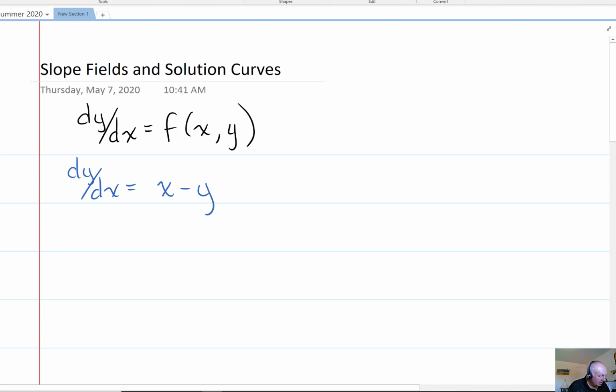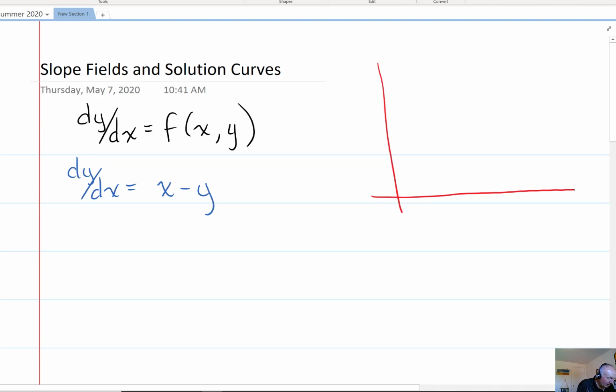The thing you need to recognize is we may not be able to find y explicitly, but we know something about its derivative. In fact, we know the values of the derivative at any given point x, y. So here's what I mean. Let me create a real basic graph here.